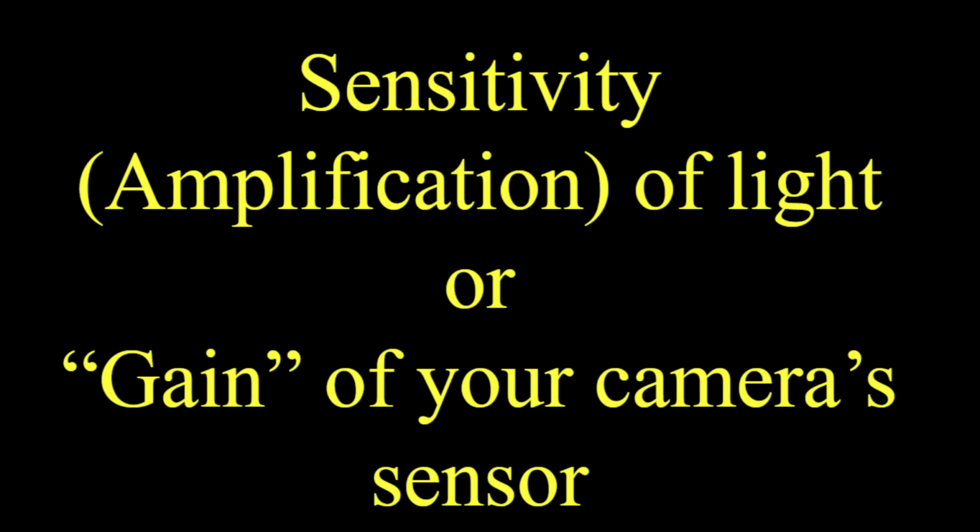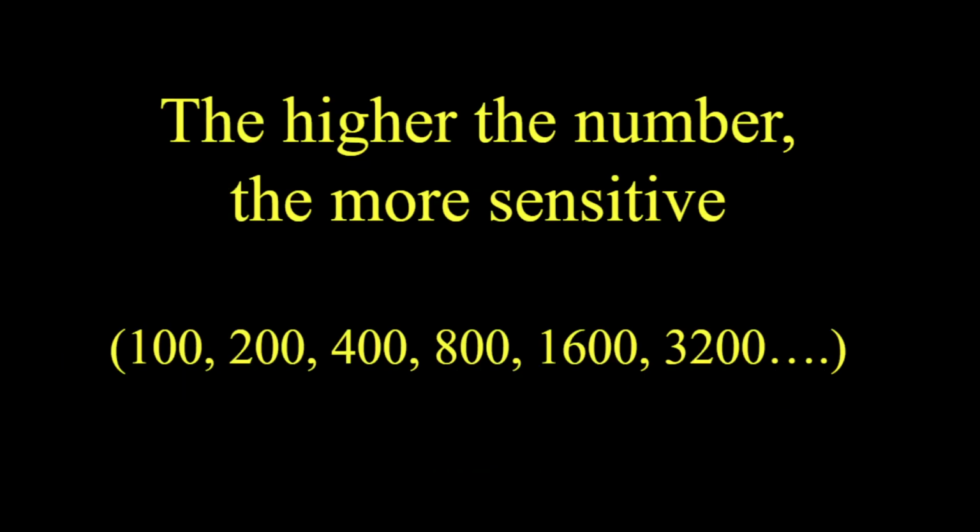That's why I like to use the word amplification, and think of it as cranking that stereo volume right up. Some people also call it the gain of your sensor. So the higher the number on your ISO, the more that volume is turned up.